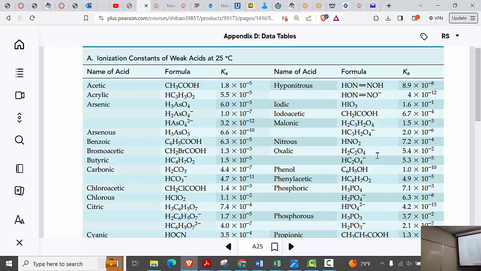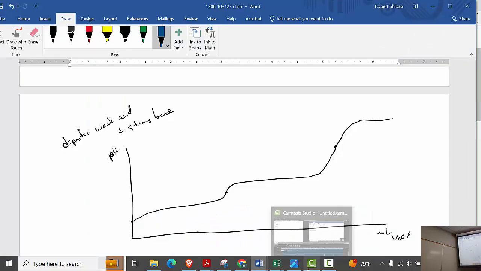Oxalic acid is good because that was the acid that was used in Chem 1A for standardizing the sodium hydroxide. So what you did in Chem 1A was you titrated to the second equivalence point using phenolphthalein. Phenolphthalein, you can see the second equivalence point here. And then use some stoichiometry. Oxalic acid is a solid, so we can weigh it quite easily. And so we're going to go with oxalic acid here.